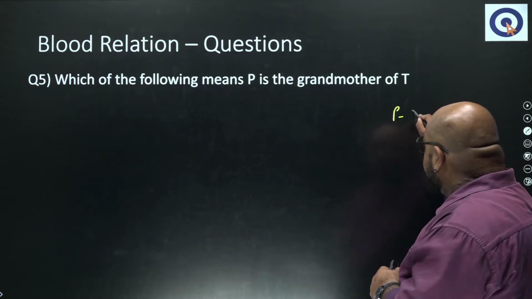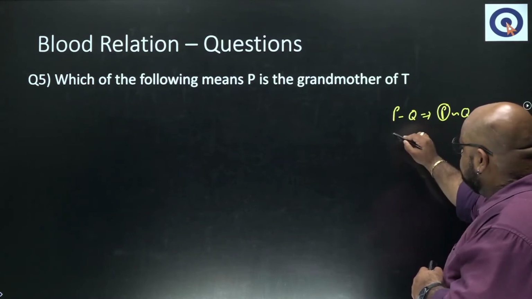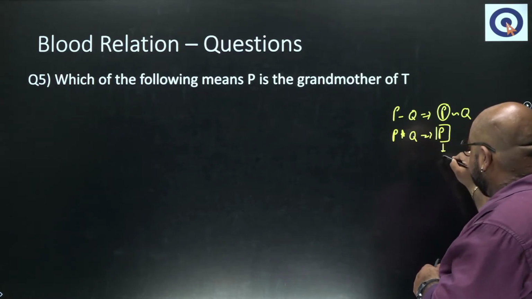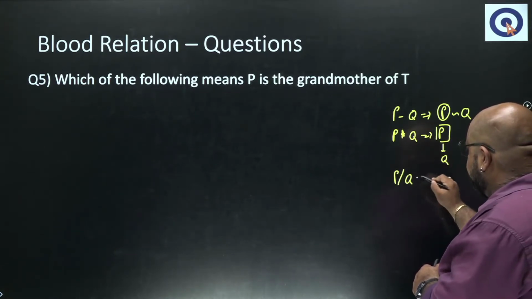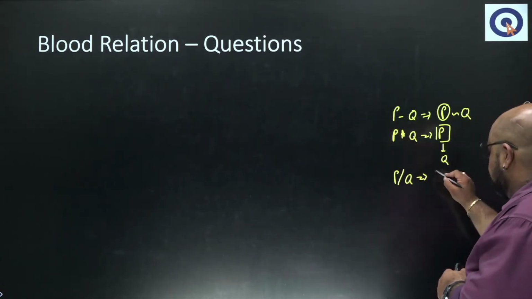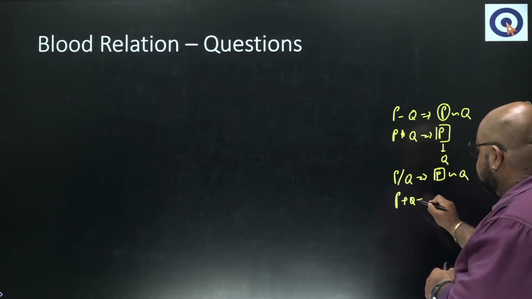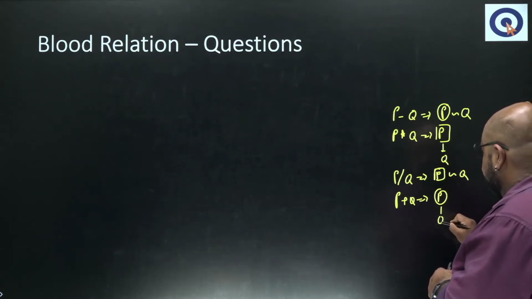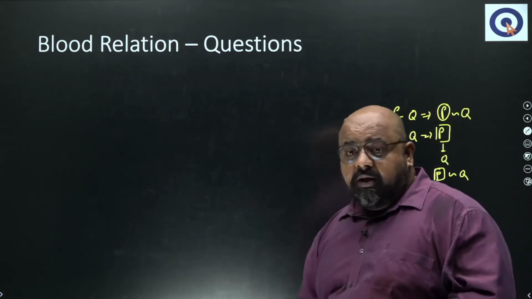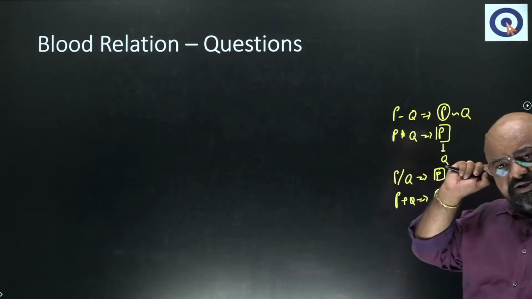P minus Q means P is the sister of Q. P star Q means P is the father of Q. P divided by Q means P is the brother of Q, and P plus Q means P is the mother of Q. As you can see, I have drawn the four relationships, and I'll use this to answer the question.